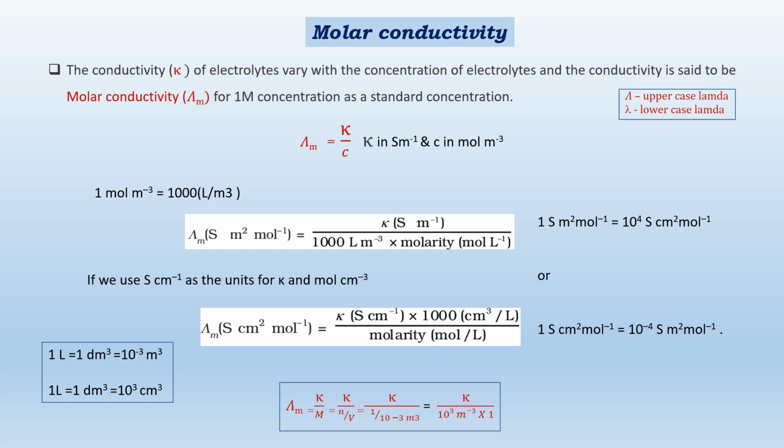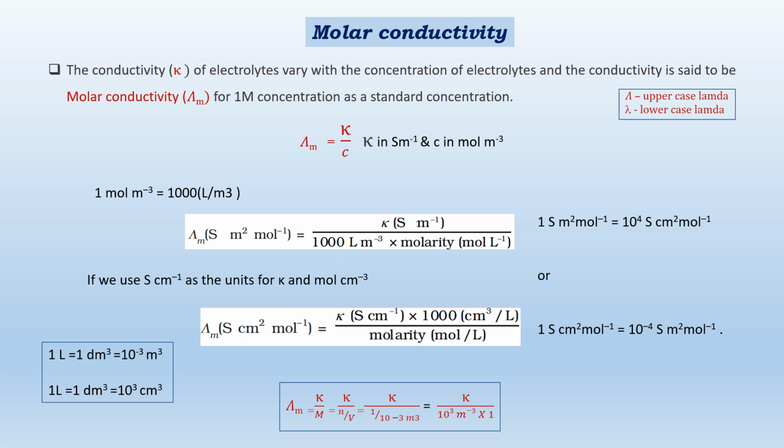And lambda m is kappa by C because it is the conductivity per molar concentration of electrolyte, right? Molar conductivity is conductivity per molar concentration of electrolyte, that is, conductivity for 1 molar concentration of electrolyte.